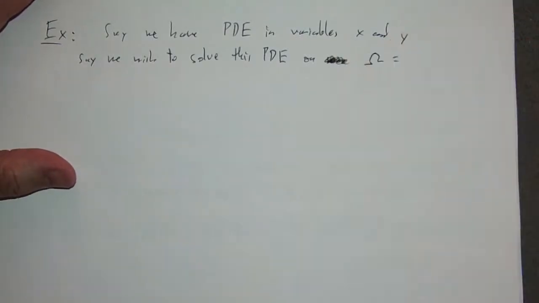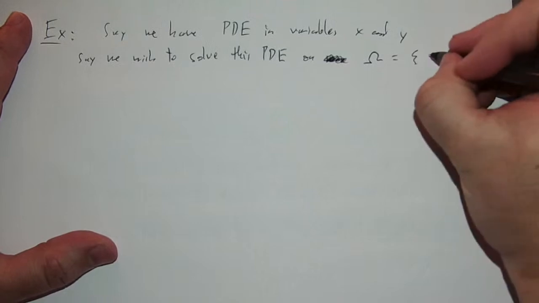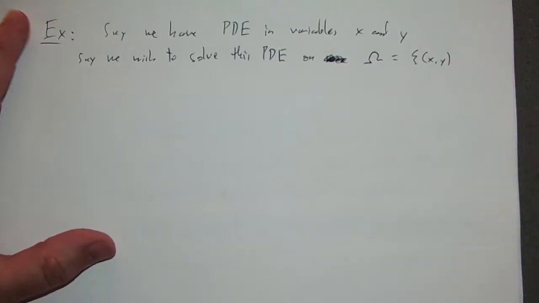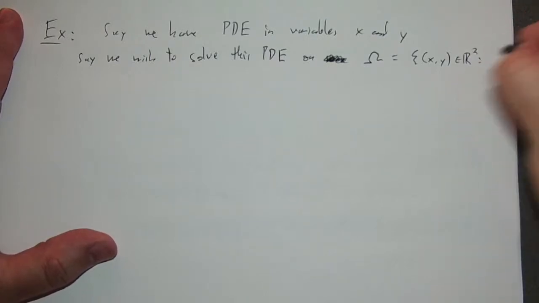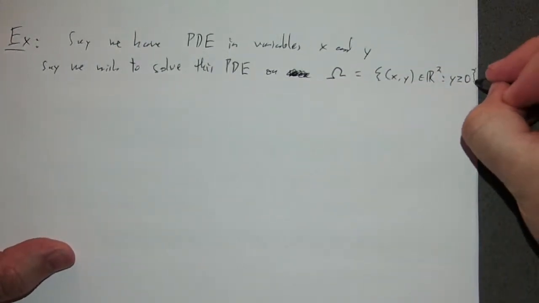Instead of some omega, let's actually specify a specific omega. Let's say we want to solve this on the upper half plane, right? So this is the set of all ordered pairs x, y in the plane such that y is greater than or equal to 0.